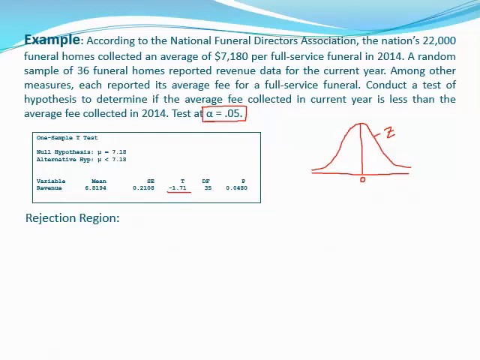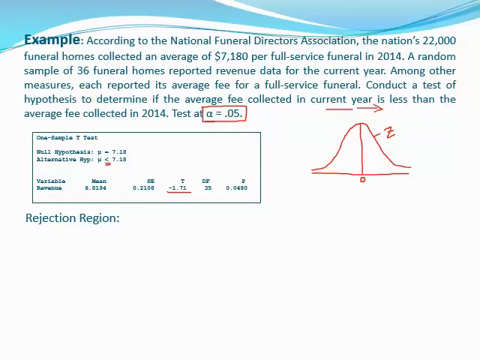So you need to know the curve, whether it's a t or a z, because as we'll see with small samples, we'll talk about t distributions. We need to know what our alpha is. And now there's a third piece: a direction. We have a less than. What we're used to doing in confidence intervals is taking that alpha and splitting it and putting it in both sides.